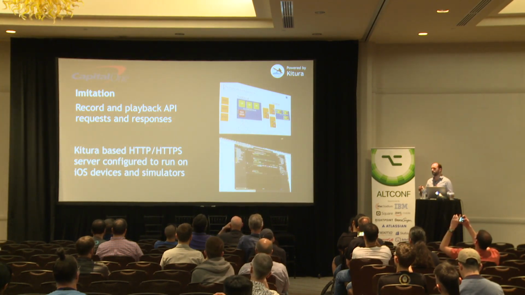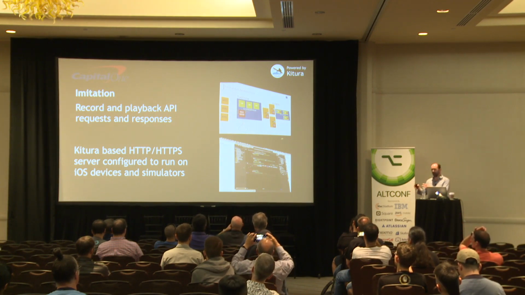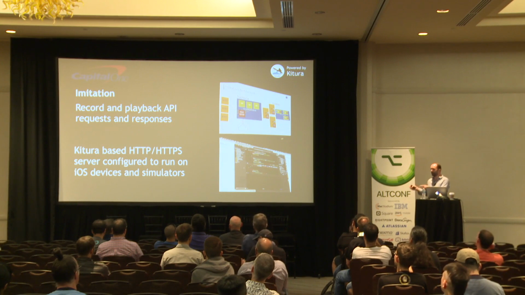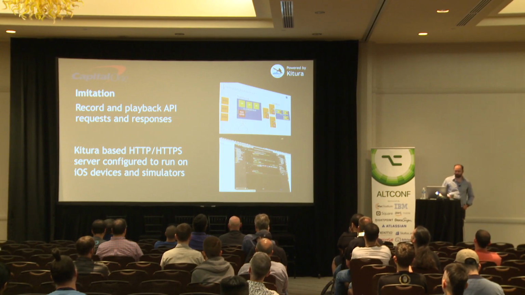So they now have the ability to basically get mocked responses from a back-end API. And they've done this based on a Kitura server, and they've lifted it, and they actually drop it into iOS. So iOS can test and run its own backends directly internally and play back responses for their testing and development.